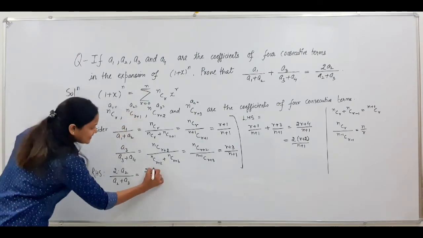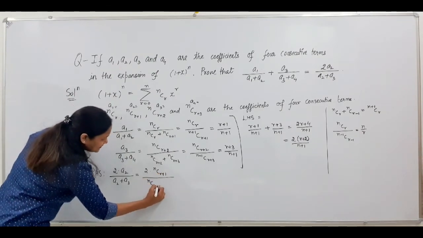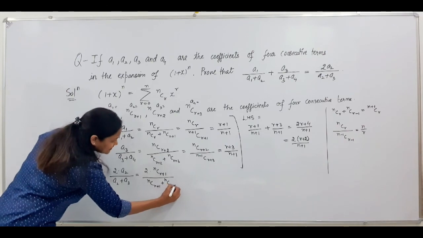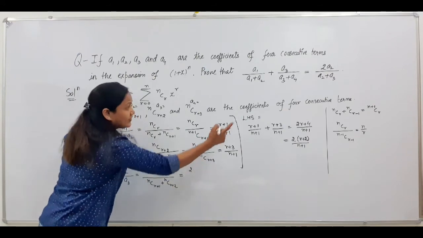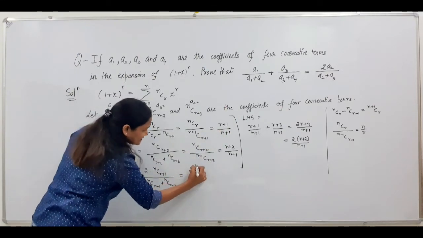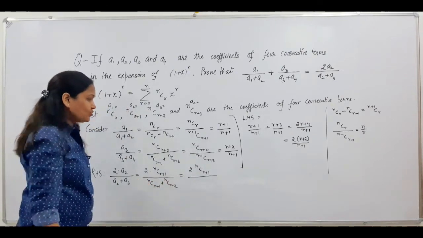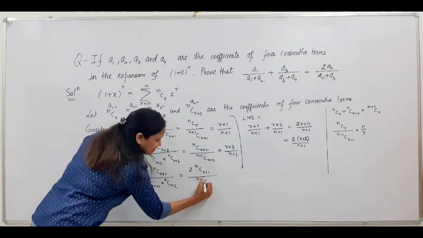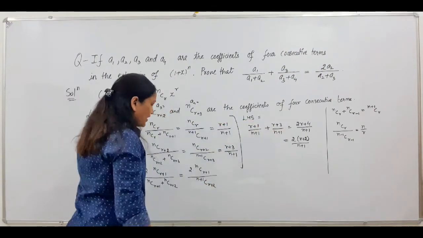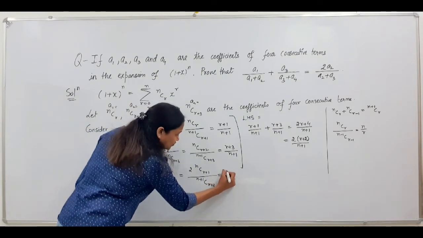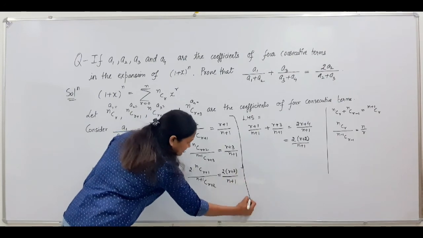A2 is nC(r plus 1) upon nC(r plus 1) plus nC(r plus 2), and using your first formula, this will become (n plus 1)C(r plus 2), and by using your second formula, this will be equals to 2 times (r plus 2) upon (n plus 1).